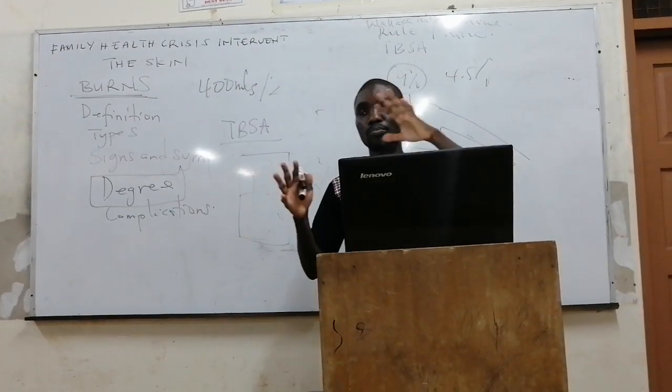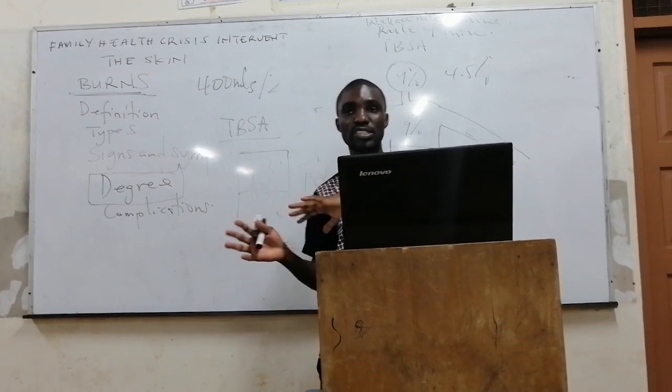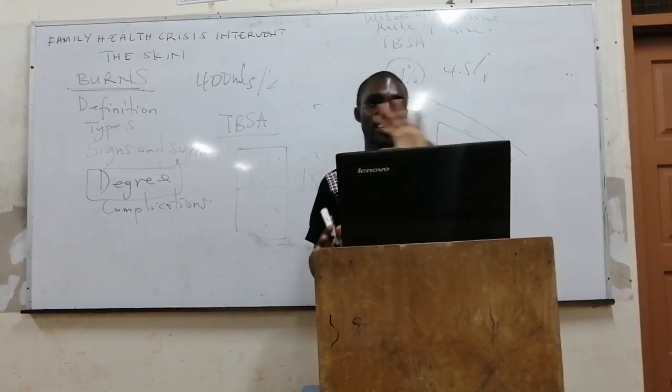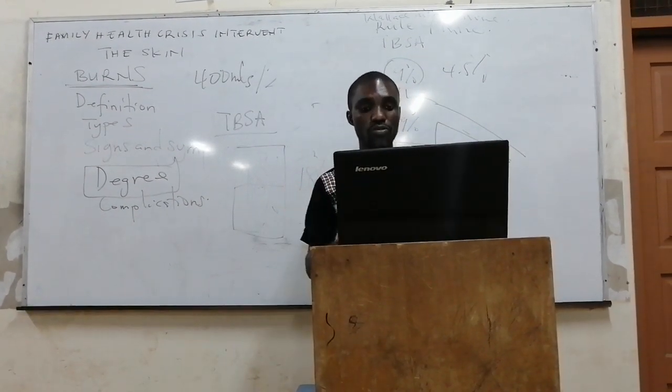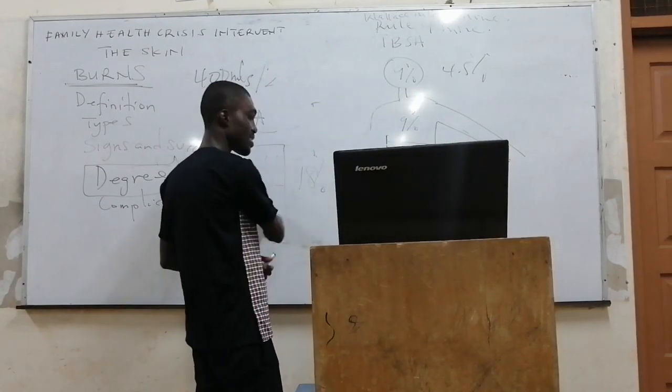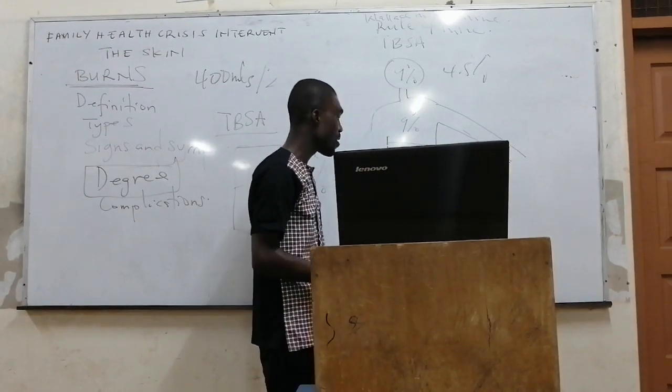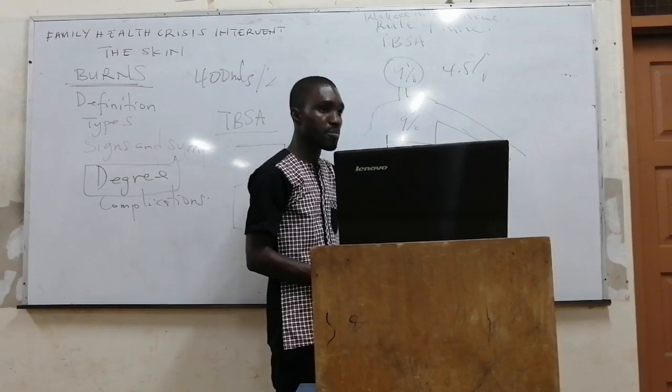So both the posterior part of the chest and the abdomen will form 18%. Okay, let's move to the arm.